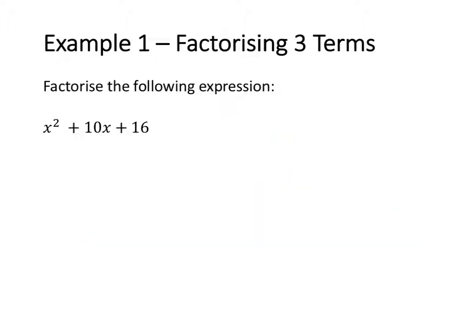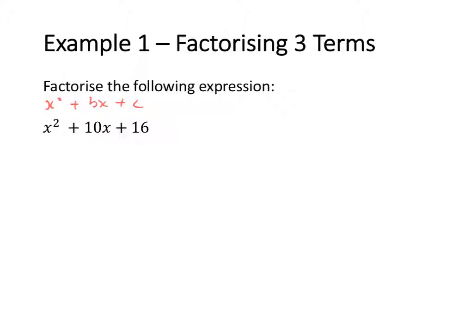In the first example, I want to factorize the expression x squared plus 10x plus 16. That is a quadratic equation that matches the form x squared plus bx plus c, so I can use my steps to factorize it.